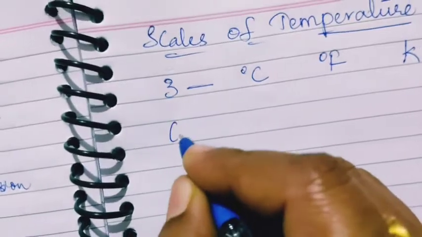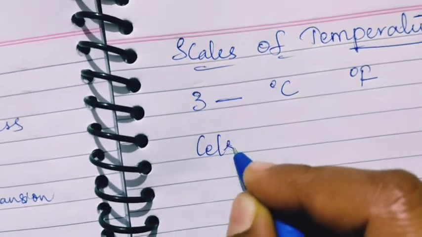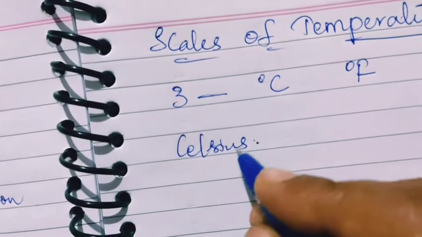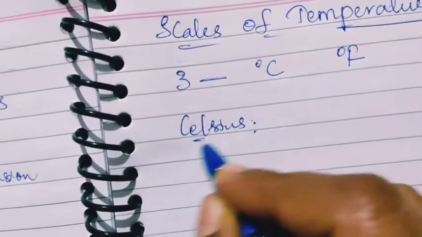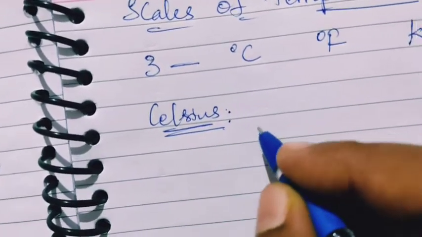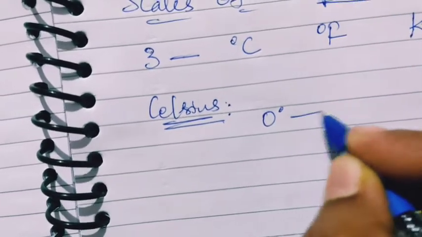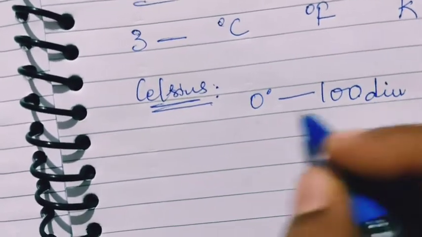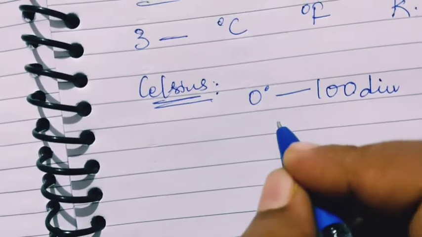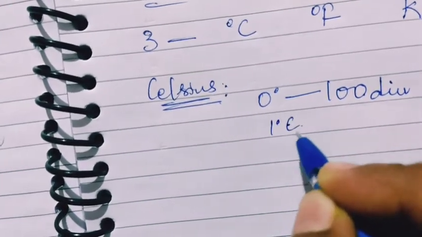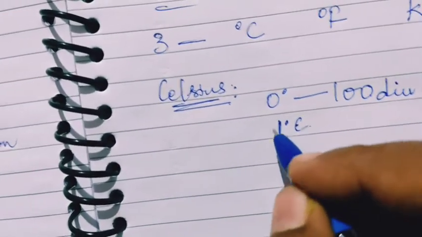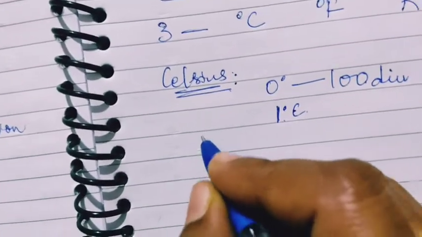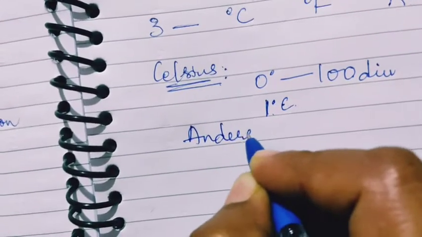The Celsius scale is a commonly used scale. In this scale you can find 0 to 100 divisions, and each part is 1 degree Celsius.